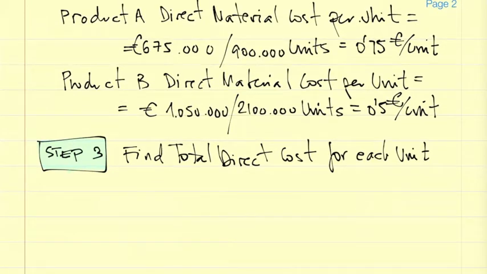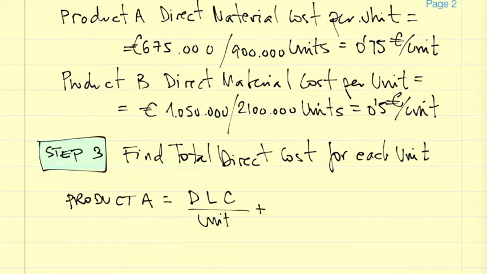And this is just adding, okay? So product A equals direct labor cost per unit plus direct material cost per unit.